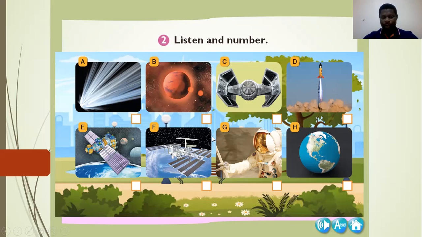They work in the space station. 5. We live on Earth. 6. A rocket is in the sky. 7. Mars is a planet. 8. There's a comet in the sky.